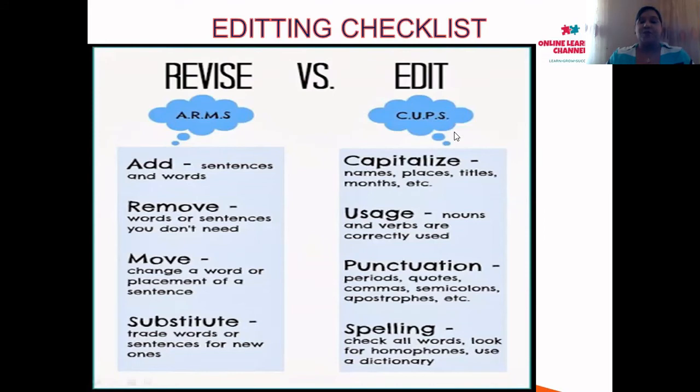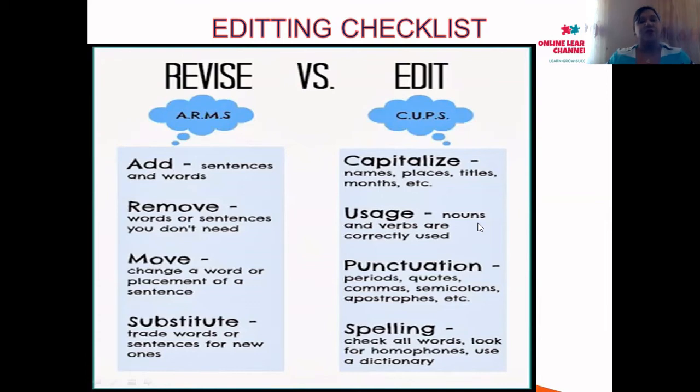Okay, and the next one, edit. Our acronym here is called CUPS, for your spelling, your grammar, and your punctuation. C is for capitalize. Make sure that your names, places, titles, months, etc. are capitalized. Your usage refers to nouns and verbs that are correctly used.